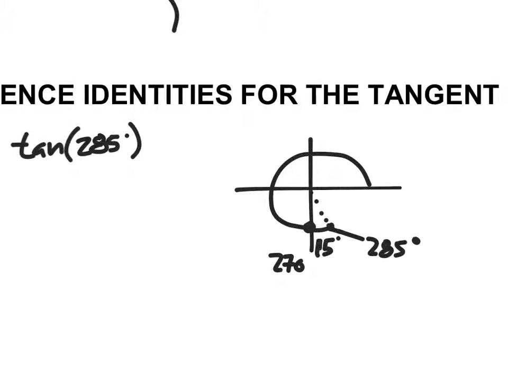On this one, what I'm seeing is that we'll take the next closest one, which is 315 degrees, and I'm going to subtract off 30 degrees from that, which those two would yield together to give me 285.